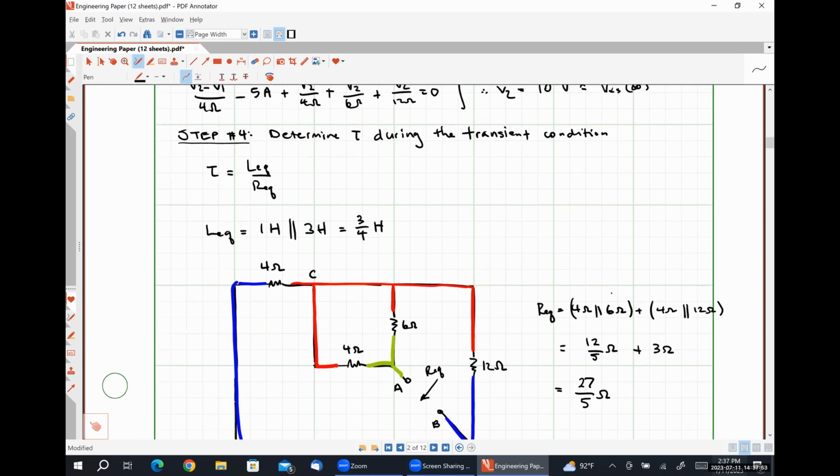And so we have 3/4 of a Henry divided by 27 fifths of an ohm. So that's going to be 15 over, let's see, 4 times 27 is going to be 108. 108 is divisible by 3.